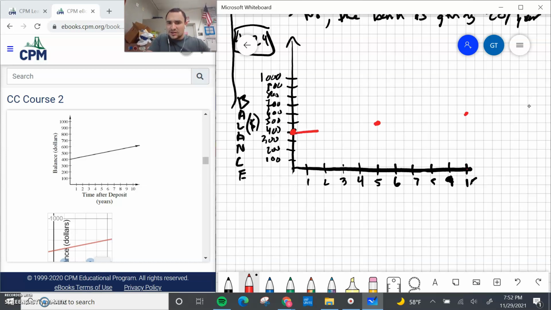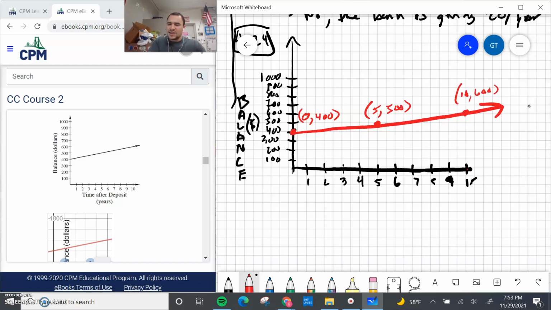So as you can tell, this is what the line looks like. It's not very steep. It's kind of flat. I'm going to say that this is (0, 400). This point is (5, 500). And this one is (10, 600). Now realize that these points actually represent the graph.